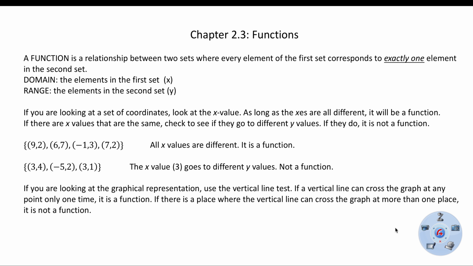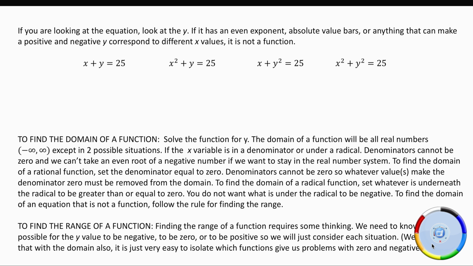We could also be given an equation and asked to determine if it's a function. If we're looking at the equation, we're going to look at the y value. If it has an even exponent, absolute value bars, or anything that makes a positive and negative y correspond to the same x value, then it is not a function.